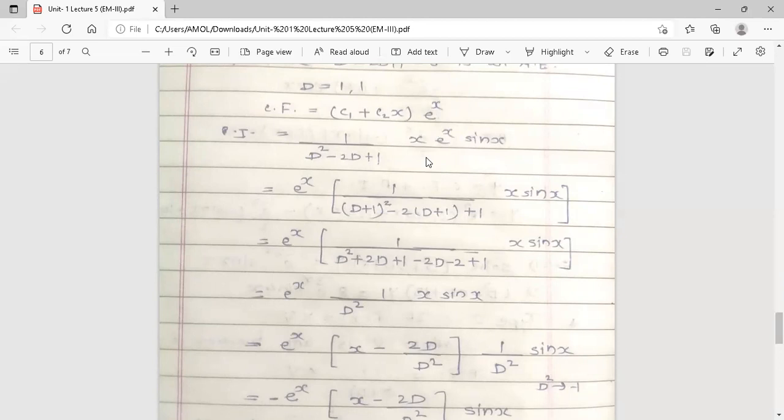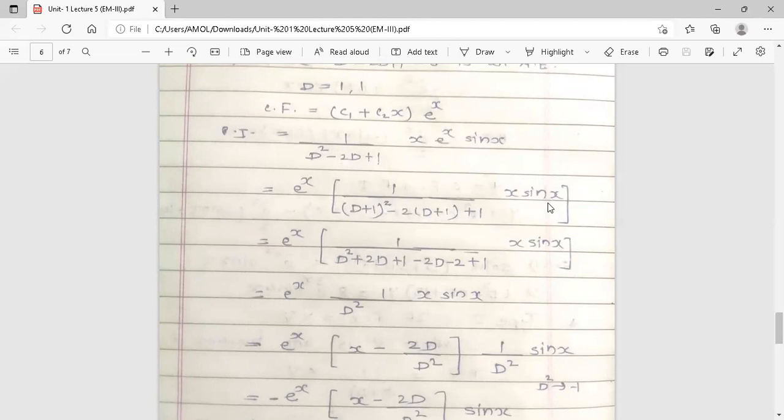Now you know how to solve for e raised to x into v. You replace the term of d by d plus a. Here the coefficient of exponential function is 1, so you replace the terms of d by d plus 1, e raised to x as it is, in bracket 1 upon, replace the terms of d by d plus 1, so that we have the term d plus 1 whole square minus 2 into d plus 1, into the remaining term, which is here x into sin x, that x into sin x as it is.